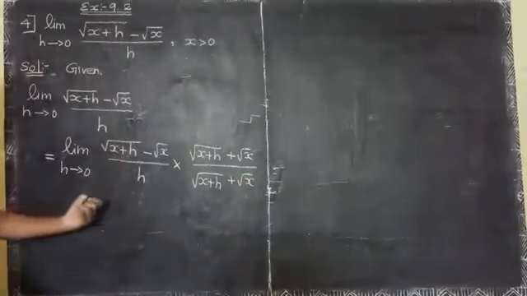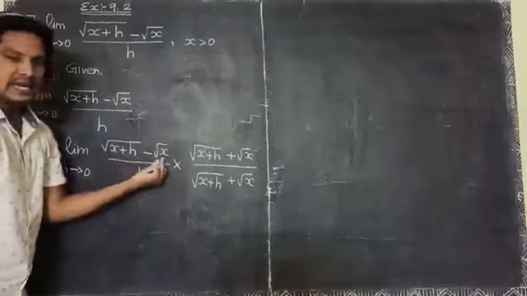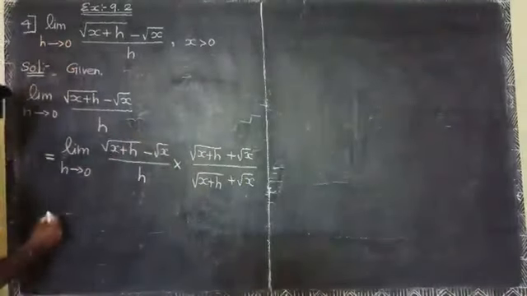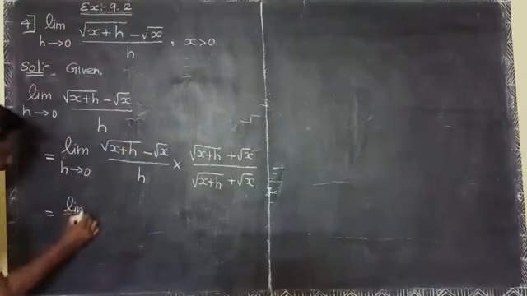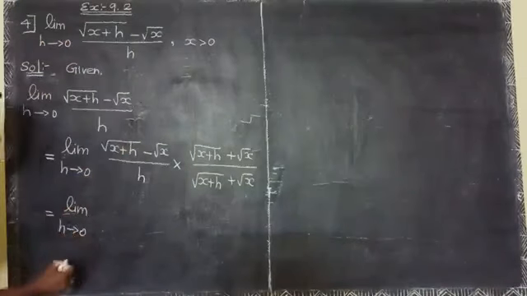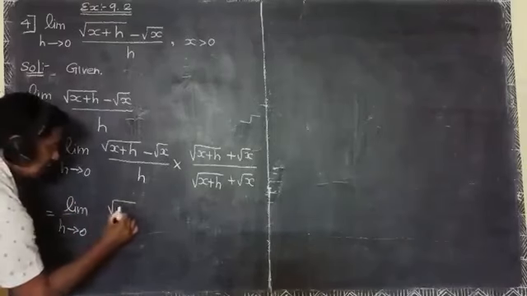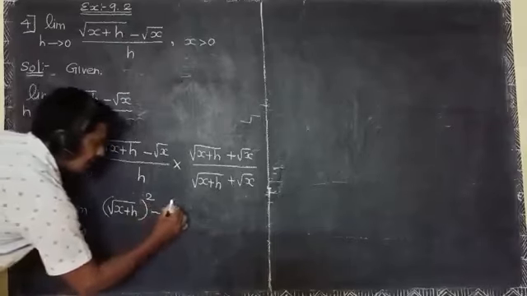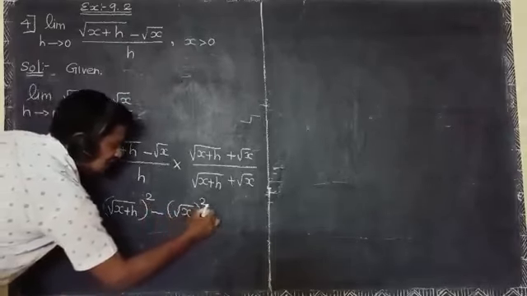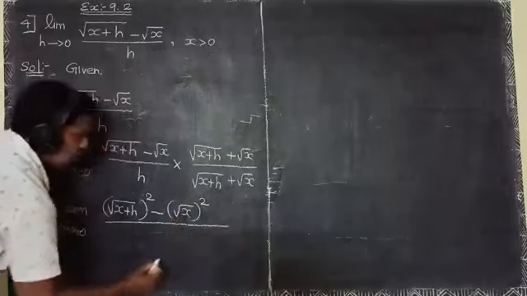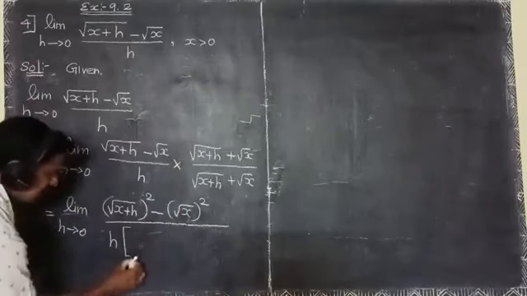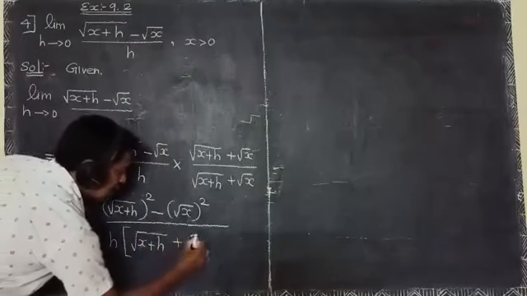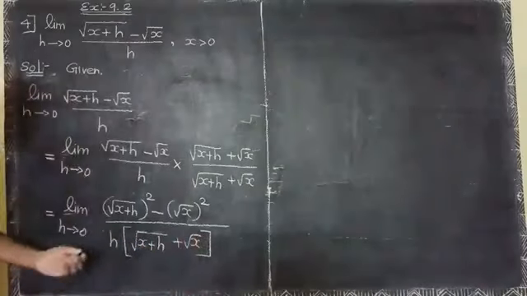Simplifying the numerator, a minus b into a plus b can be written as a square minus b square. Then the denominator has h into square root of x plus h plus square root of x.